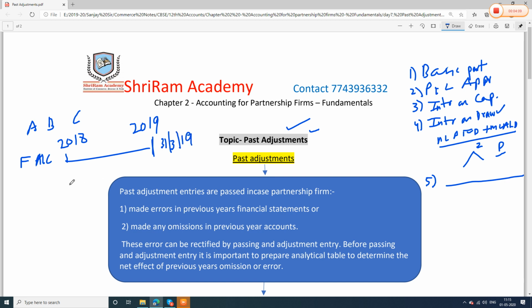Now we know what books of accounts are: trading, profit and loss, balance sheet. They closed it. And after closing these books, please listen very carefully and try to understand, guys.